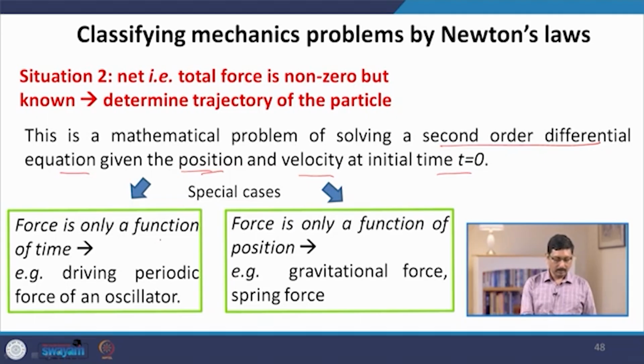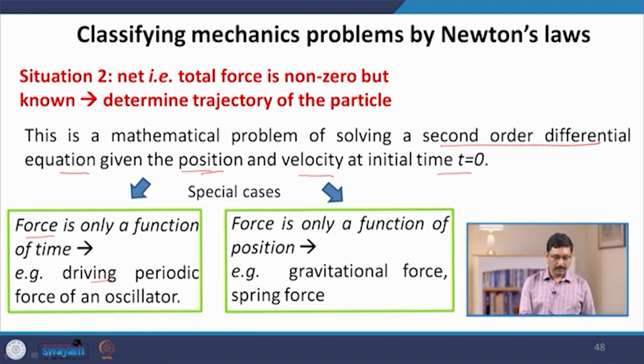Case one is where the force is only a function of time. For example, some of you may have studied the motion of oscillators. This is a common example not only in mechanics, but also in electrical engineering and electronics and communication engineering.